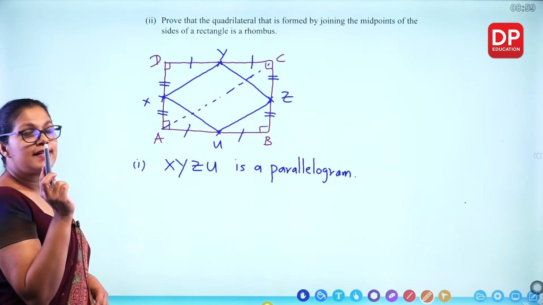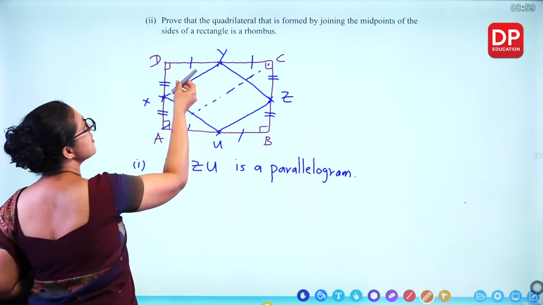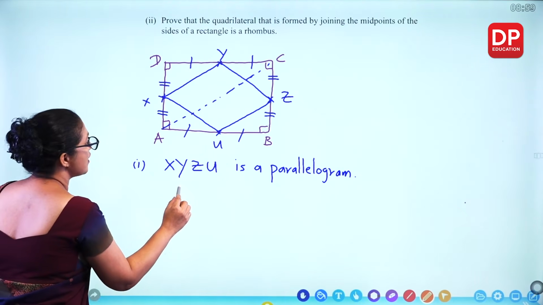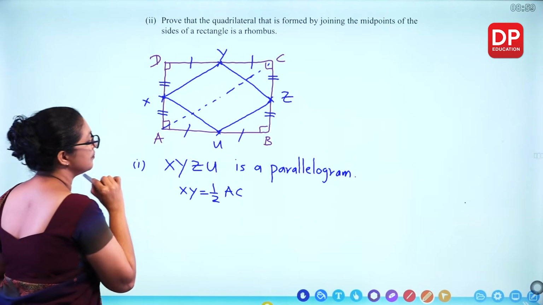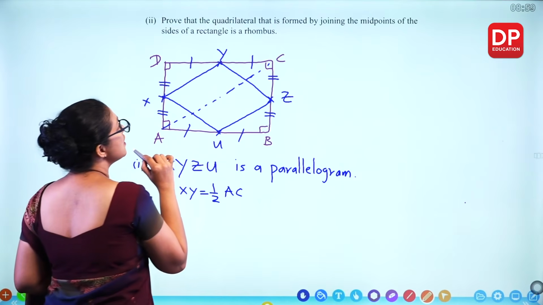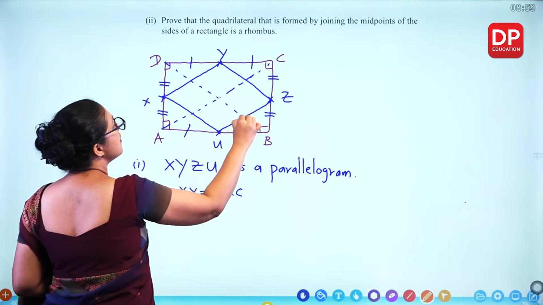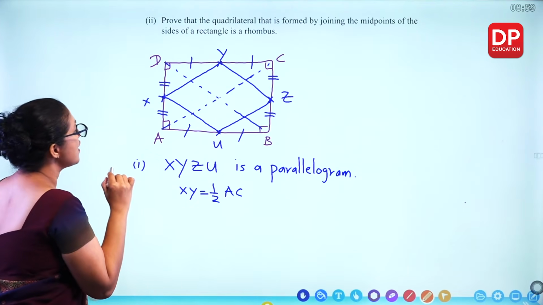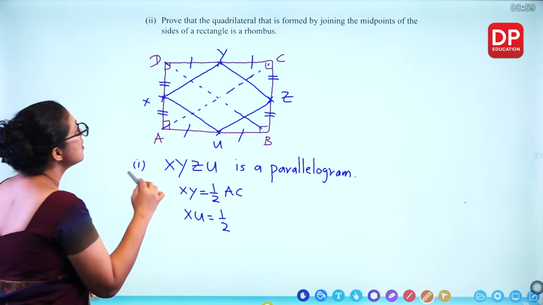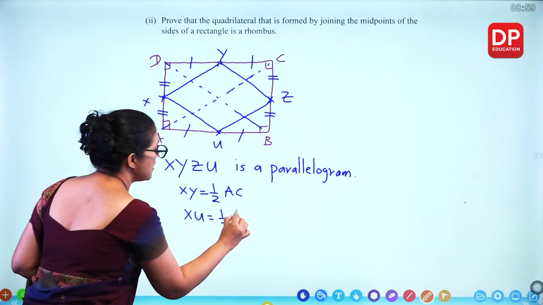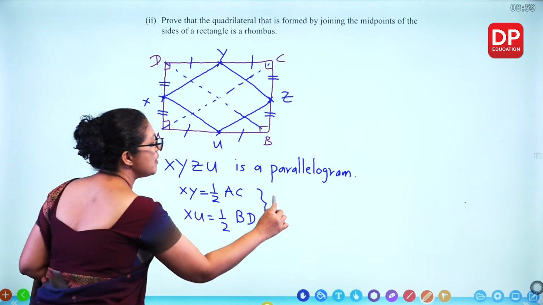When you take the diagonal AC, what can you say about XY? We know that according to midpoint theorem, XY is half of AC. What about this one? What is XU? Half of BD. So these according to midpoint theorem.